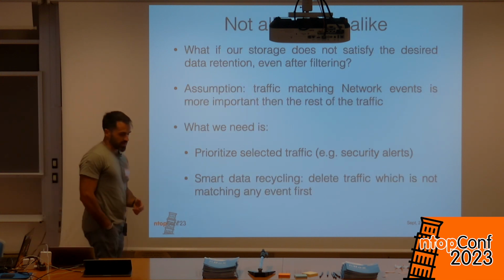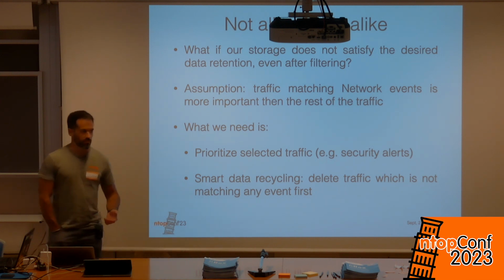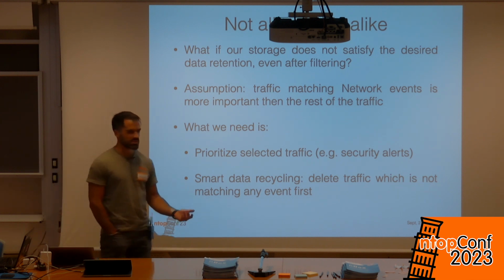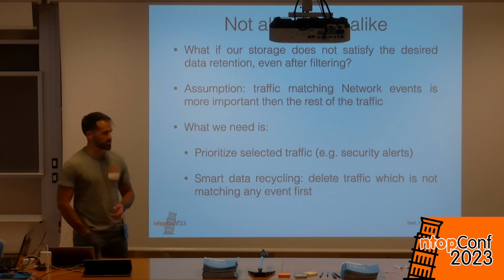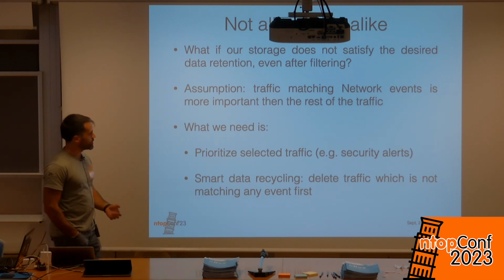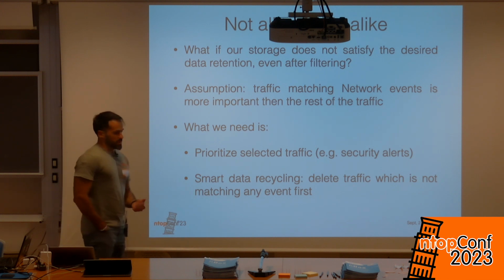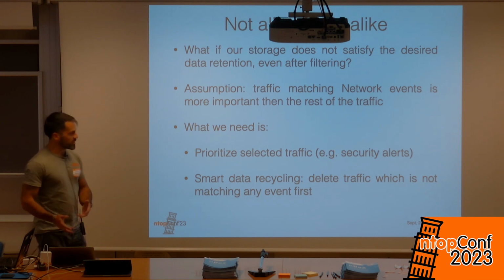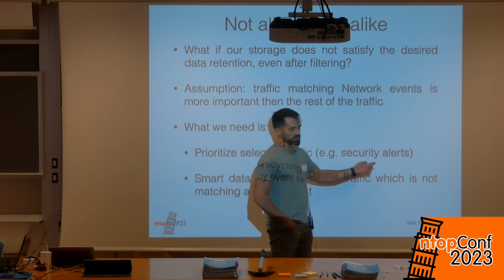So we came with the idea that not all traffic is alike. So for instance, I have traffic that can be potentially interesting, like HTTP or whatever, so I can filter this by using a layer 7 protocol filter. But in practice, there is traffic which is really more interesting than the other traffic and requires more priority, which is traffic matching security alerts.